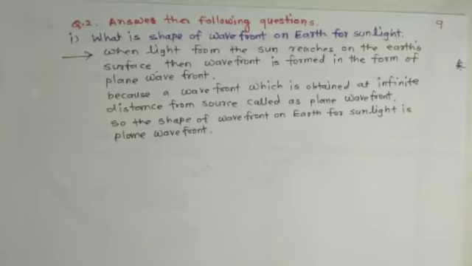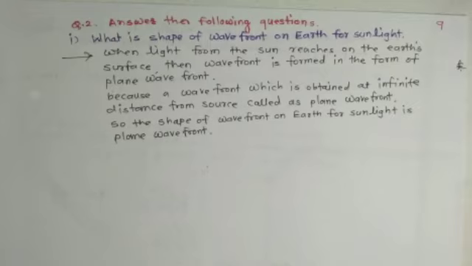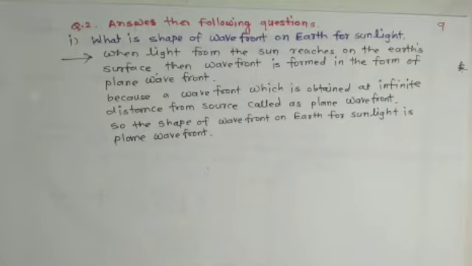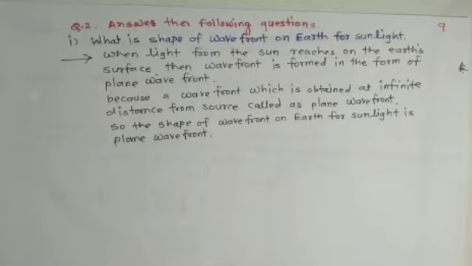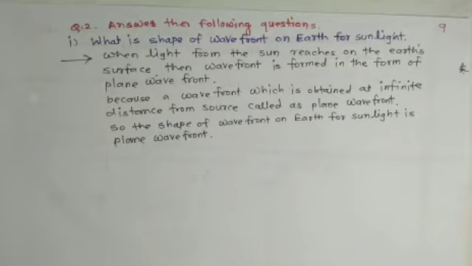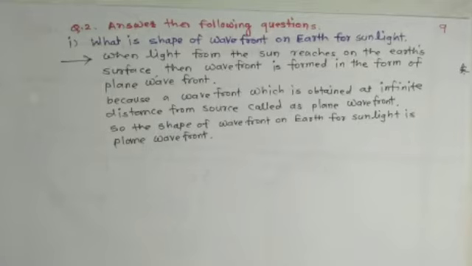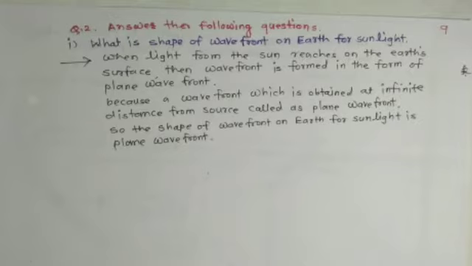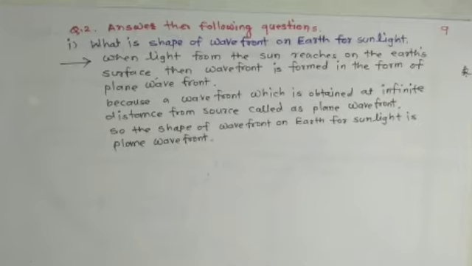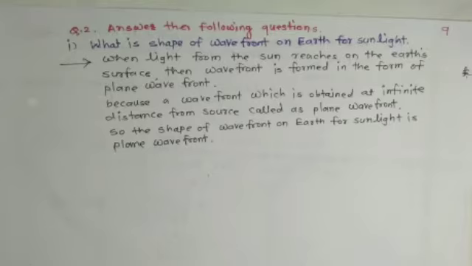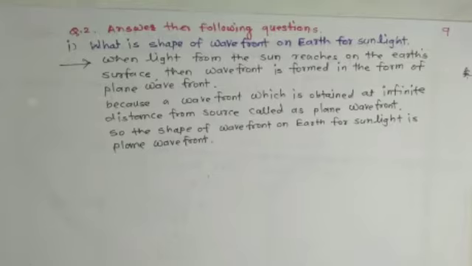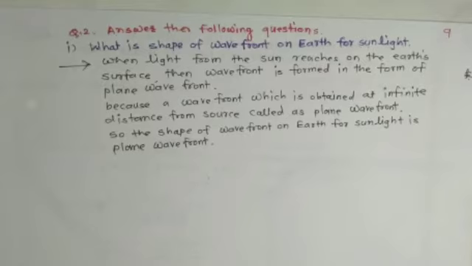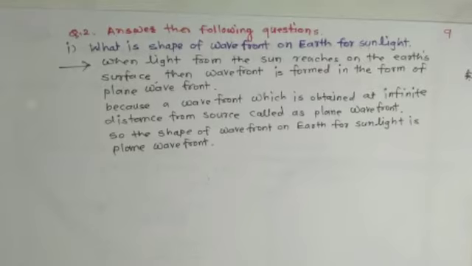Answer: when light from the sun reaches the earth surface, the wavefront is formed in the form of plane wavefront, because a wavefront which is obtained at infinite distance from the source is called plane wavefront. So the shape of wavefront on earth for sunlight is plane wavefront.